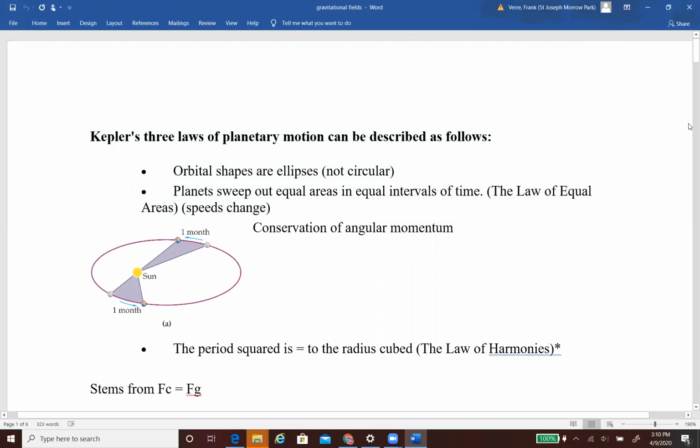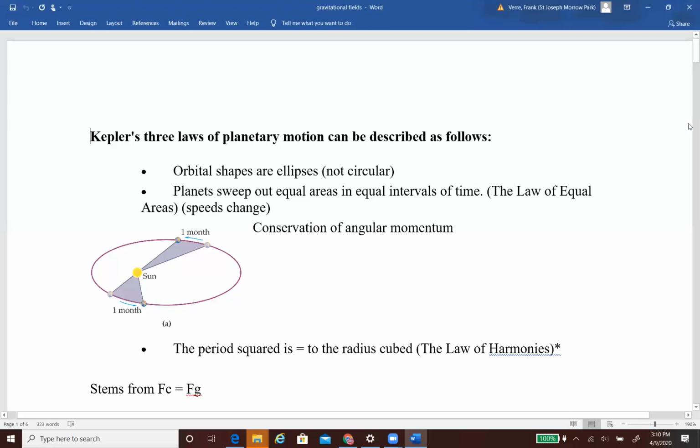Okay. So his first observation was that when planets go around the sun, the orbit's not circular; they're elliptical. Trivia question: who actually came up with the idea that the planets go around the sun? Give you a hint: Polish astronomer Nicholas Copernicus.